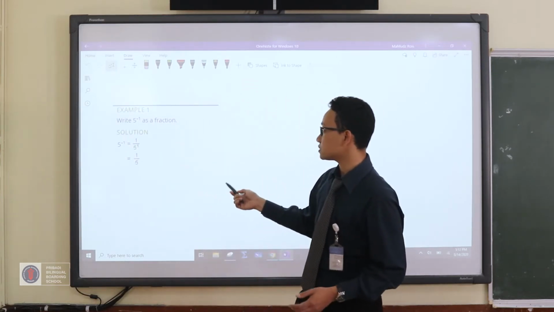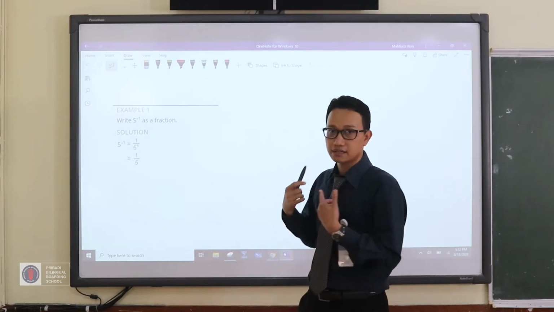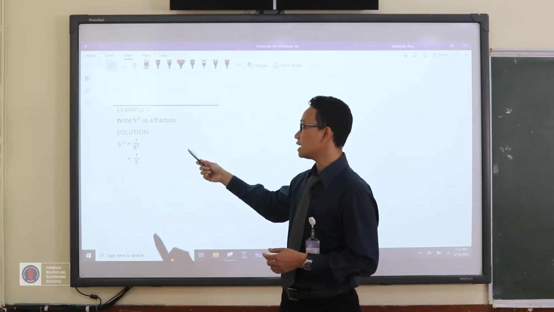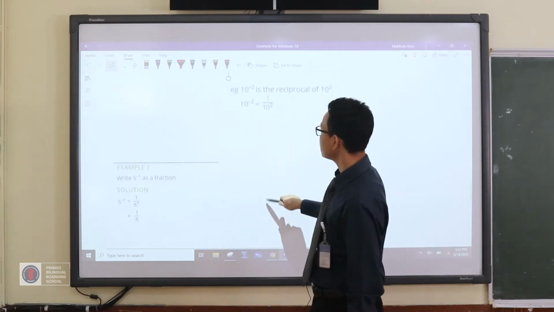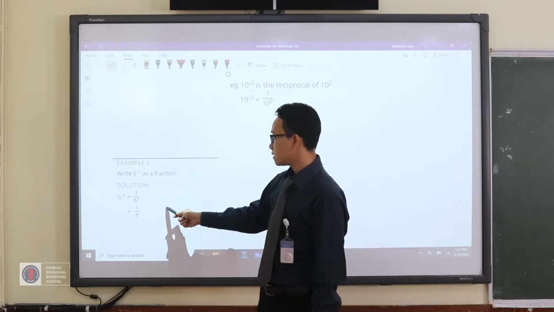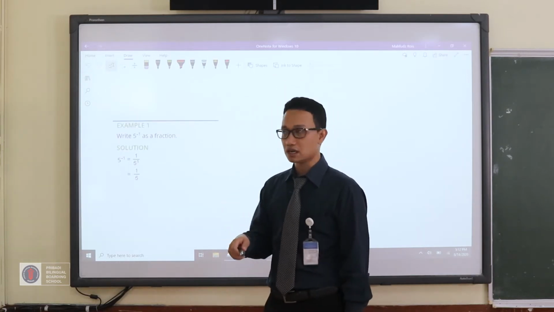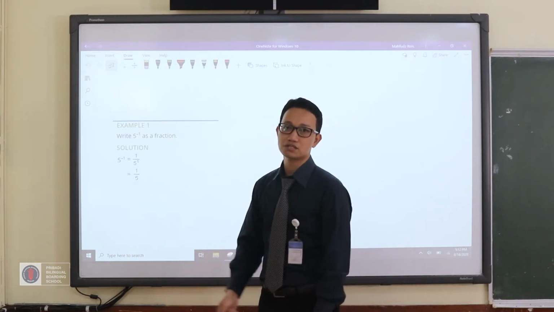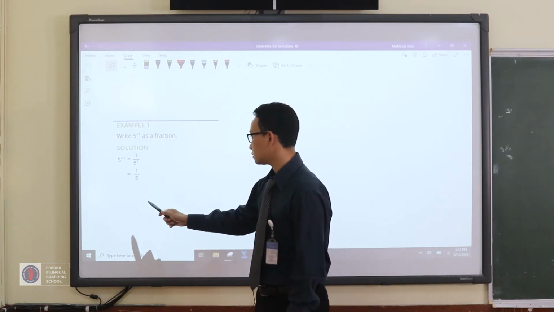So we can just express it as a fraction rather than a reciprocal. So the solution: you just put 5 to the 1 as a positive index in the denominator of the fraction. So in the end, you get 1 over 5, because 5 to the first power is 5. All right, what next?